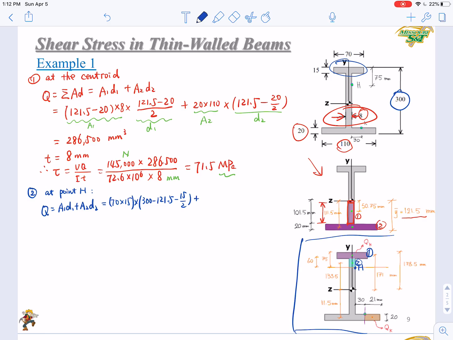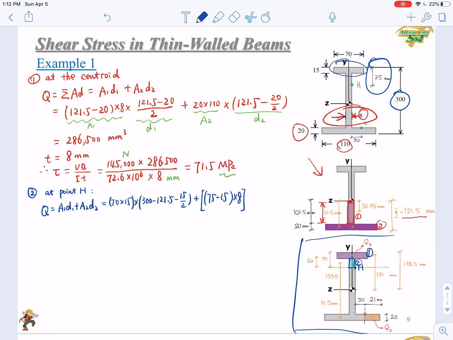Let's look at A2. The A2 here will be (75 minus 15), since from the top to H is 75. You get 75 minus the thickness of the top flange, 15, times 8. This is the A2.